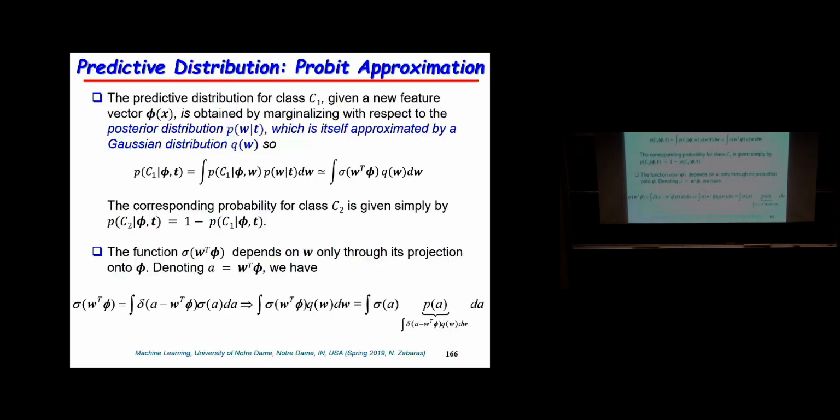So P of A is an integral of Q of W. Remember, W is projected on the vector phi, and anything that is not projected in vector phi is integrated out.